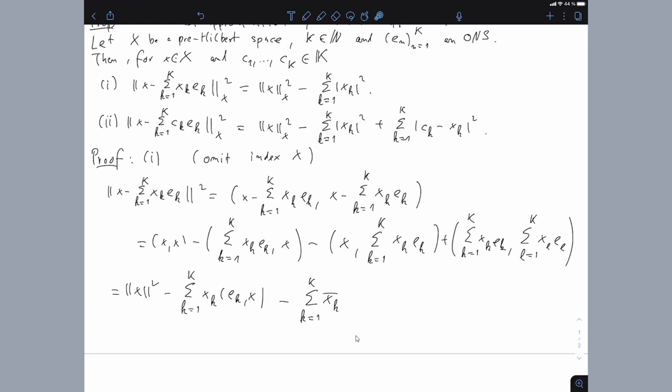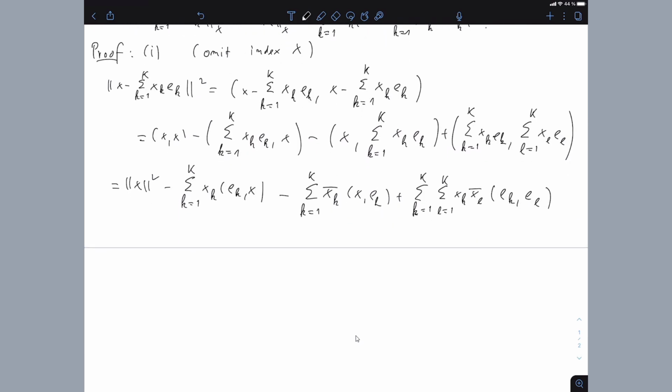So if we factor out a linear factor in the second argument, it is conjugated. That is always the case for scalar products on complex vector spaces. And here we do the same thing for both sums. So we have x_k, and now we have the x_l conjugated because it comes from the second argument. We have e_k and we have e_l.